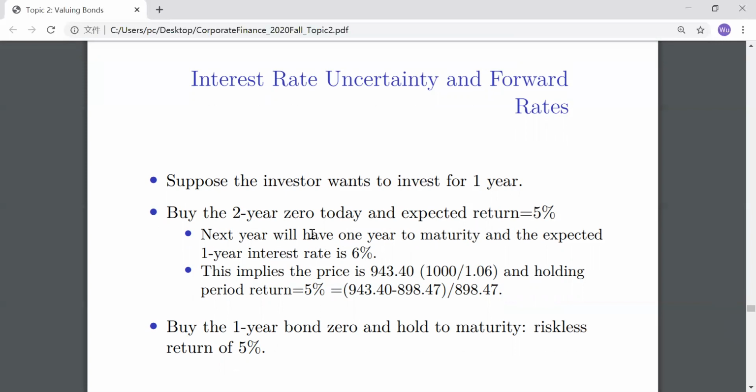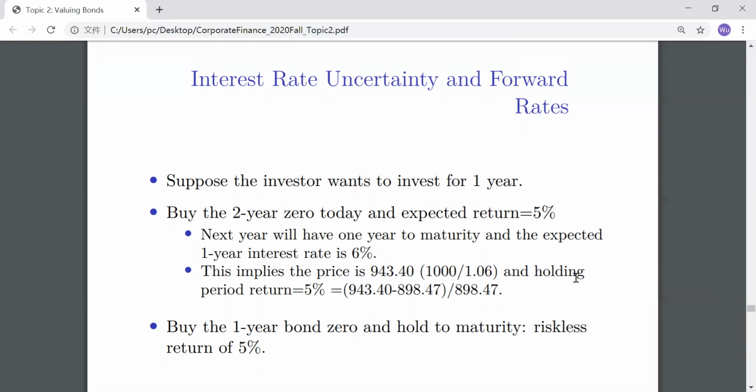Next year, it will have 1 year to maturity, and the expected 1-year interest rate is 6%. This implies the next year price is going to be 1,000 divided by 1.06. Again, it's a zero, and this expected 1-year interest rate is the expected rate for the second year. So the price at the end of the first year is this number.